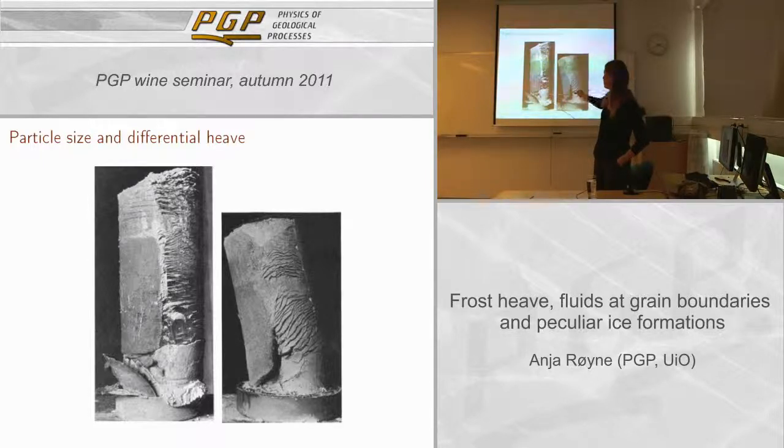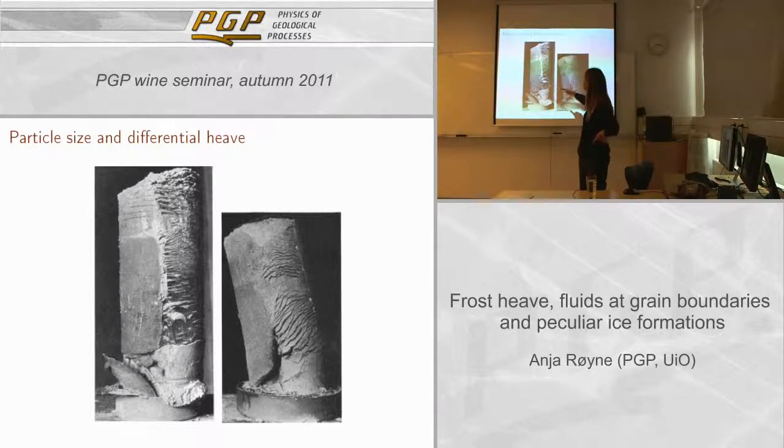So I like these experiments where he had cylinders with different particle sizes, and he has a whole long story about how he filled them and compacted them and made sure everything was uniform and the water went all the way up before he started freezing.